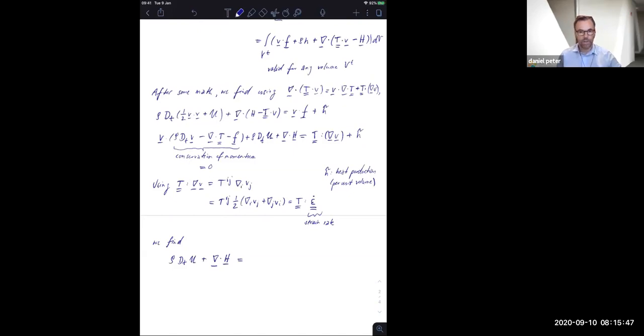Now we have the stress tensor double dotted with the strain rate, plus our little h tilde, our heat production rate. And that's it. So that equation is conservation of energy.